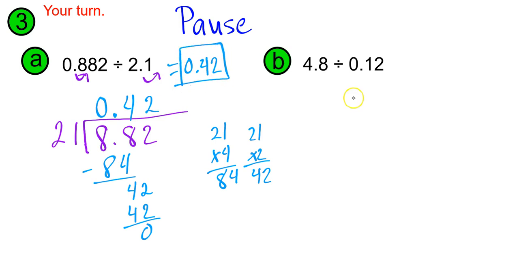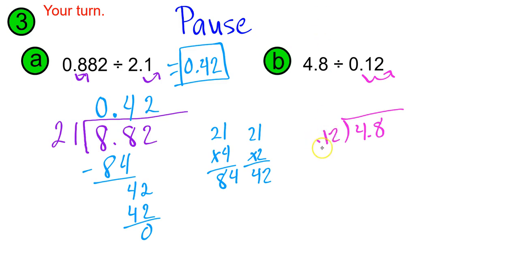All right, let's try this 4.8 divided by 0.12. Remember, this is your divisor. We're going to scoot our decimal over twice, but this number only has one number, so we're going to have to add a 0. Let's show you what it looks like underneath this bar here. So we have 0.12.